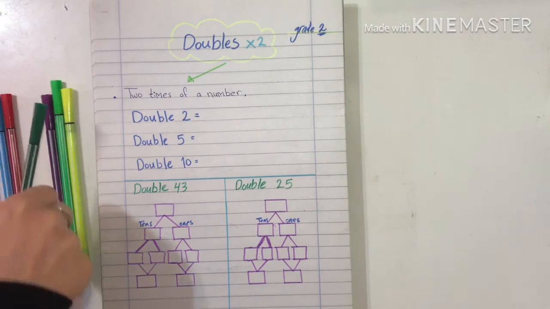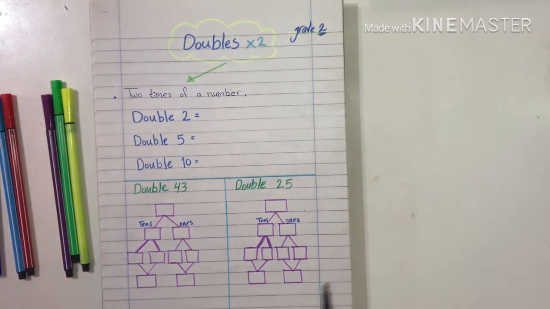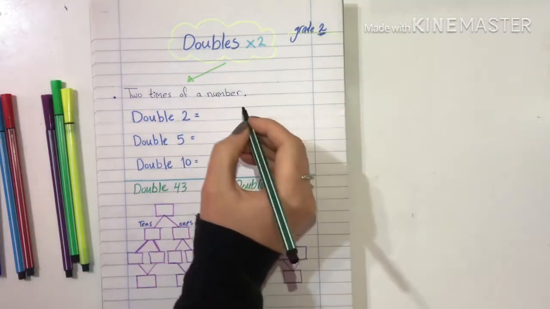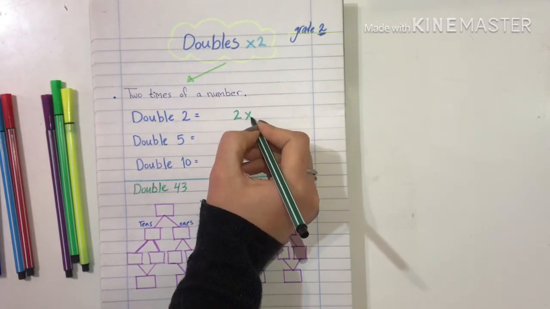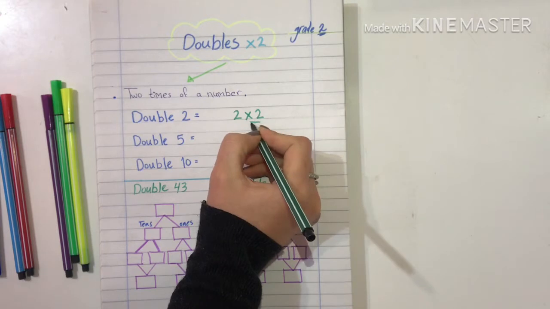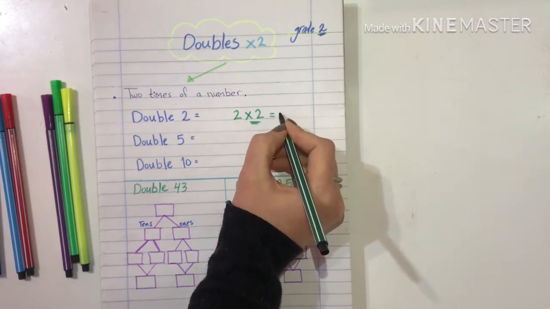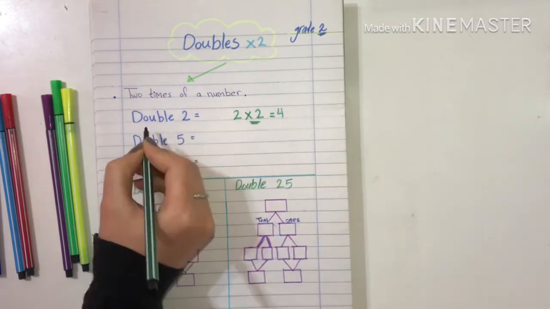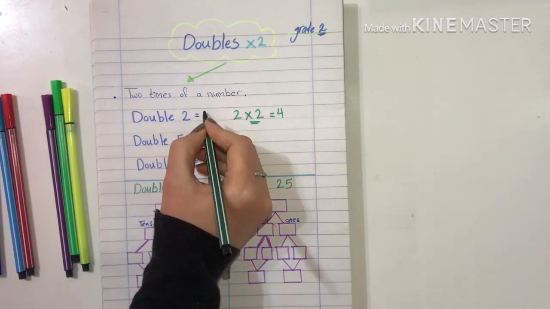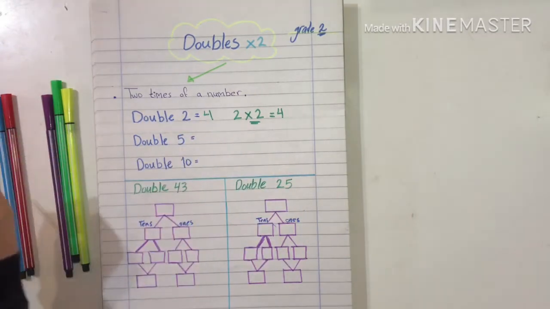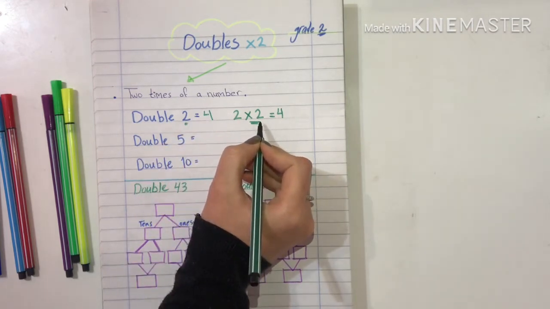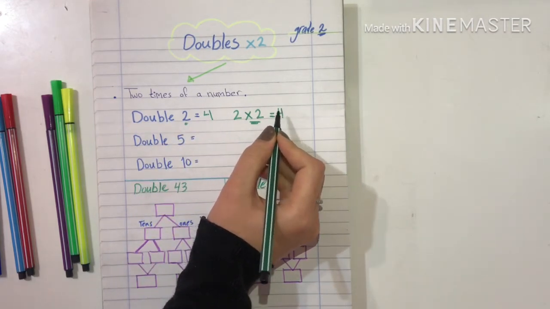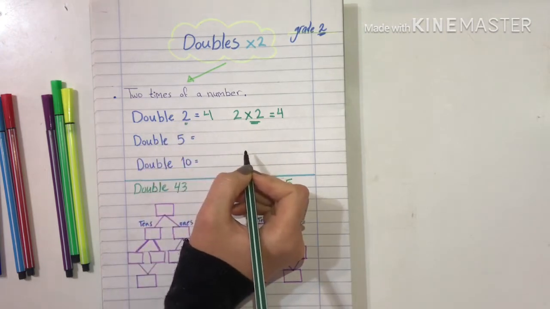Doubling is multiplying by 2. Double 2 means 2 times 2 equals 4. So double 2 is 4. So we take the number, we multiply it by 2, and the answer we get is the double of the number we already multiplied.